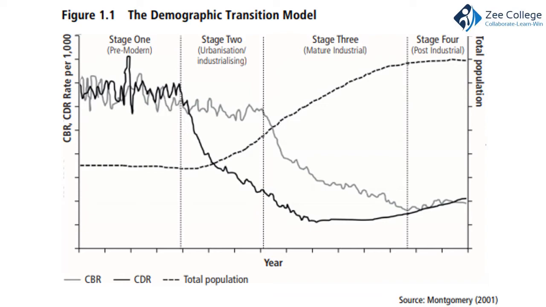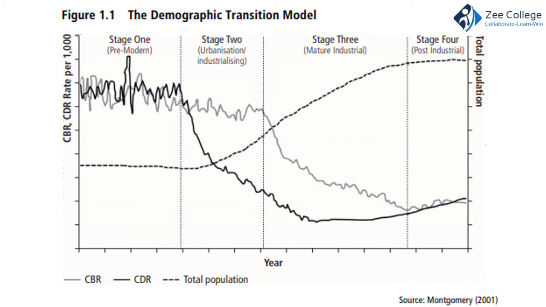So, talking simply about what this theory states, it states that as economic and social development proceeds, the mortality and fertility of the population typically declines sequentially from high to low levels. This can be seen on the graph that you can see right now on the screen.